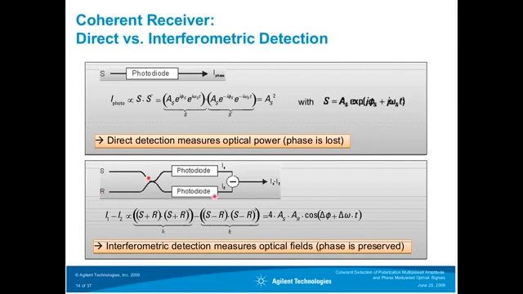On the other photodiode, because of the phase relationship between signal and reference signal, you measure S minus R times the complex conjugate. So if you do the math, you end up with a term that has the signal amplitude, the reference signal amplitude, and the phase difference between signal and reference. So if you know the reference amplitude and the phase of your reference signal, you can really get the amplitude of the field and the phase. And that's what's necessary to measure the amplitude and phase of your signal.